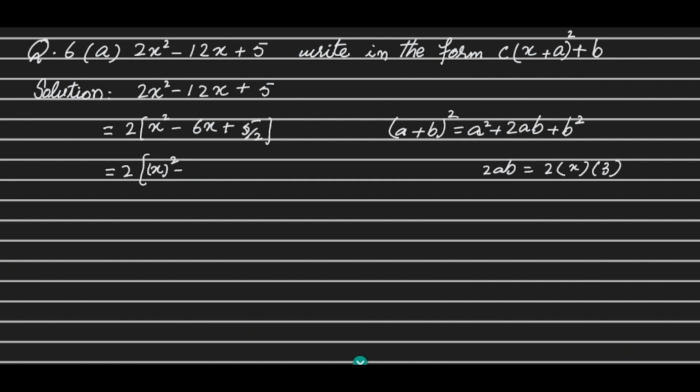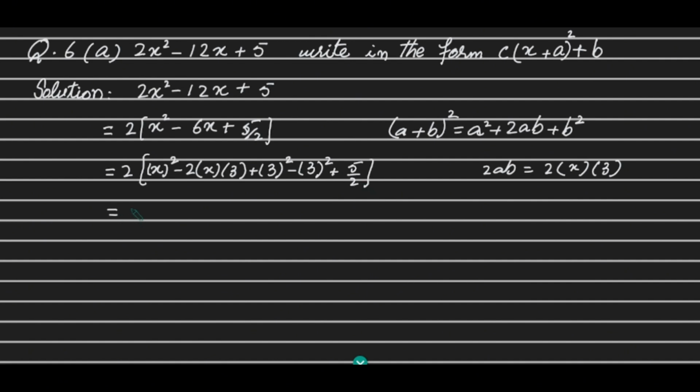We write minus 2, first term x, and the second one will be 3. As the second one is b, we can see 2ab, 3. So next is plus b squared, that is the second term squared. We write here, add 3 squared and subtract 3 squared, plus 5 by 2.